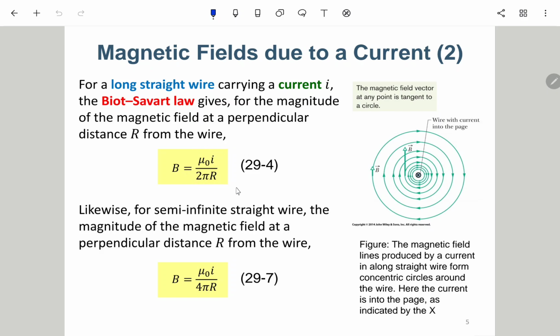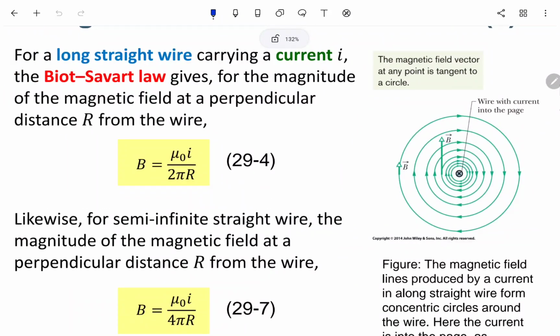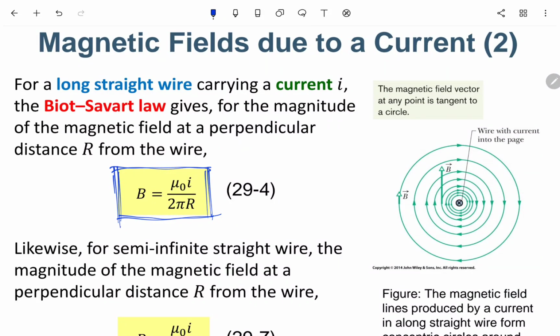This one is easy to remember. 通常我都记起来，因为其实这个式子会在这1-2章里面一直出现，出现几十万次的。所以这个意思是我们有一个很长的直的导线，有一个 current I，直的就是不是弯的，长的话就是 infinitely long straight wire.